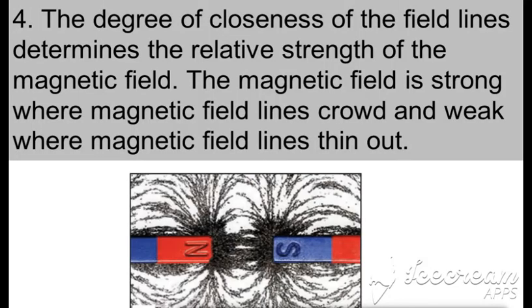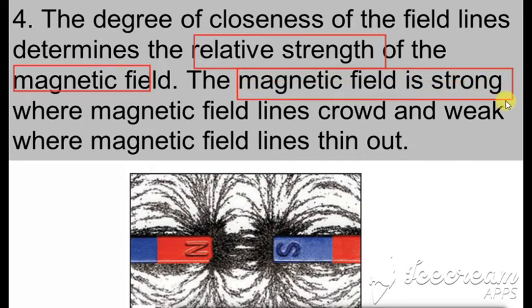Then the fourth point we are going to see is the degree of closeness determines the relative strength of the magnetic field. So how close the lines are is given by the strength of the magnet. So relative strength of the magnetic field. So when you see here, the magnetic field is strong where the magnetic lines are crowded.